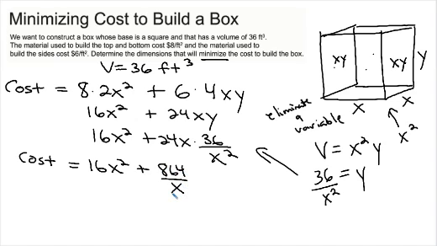So what I would do at this point is what we always do. Now we have a function for the cost, and we're looking for the dimensions that would minimize the cost. I will tell you right now in these problems, the challenge is getting to this point right here.